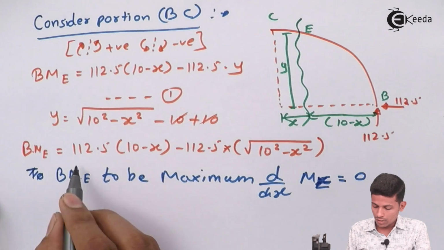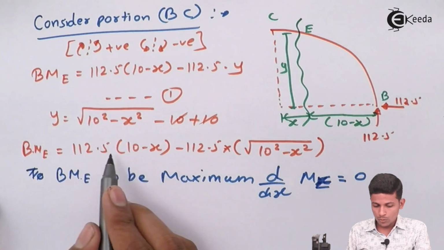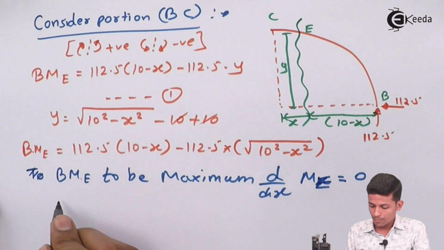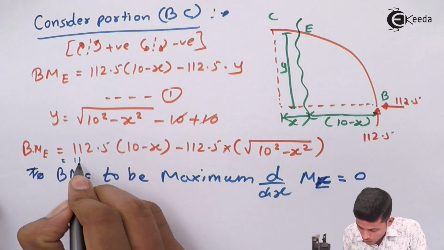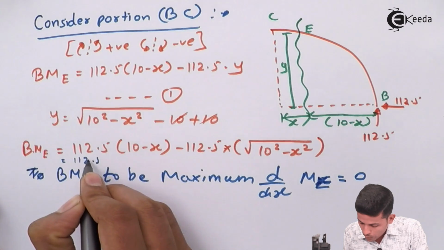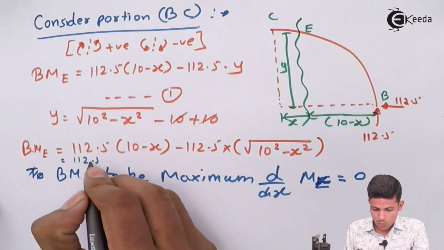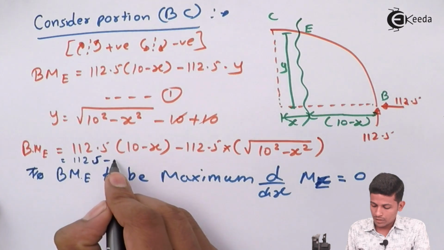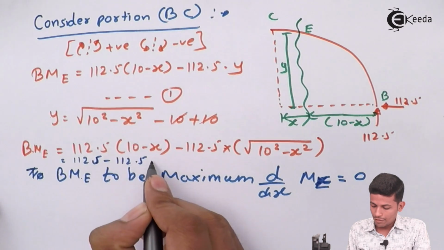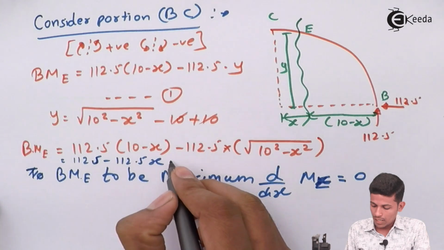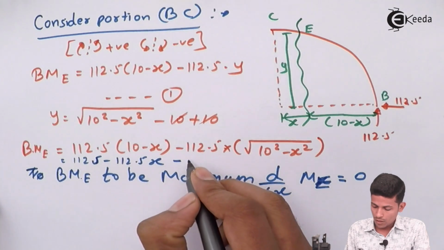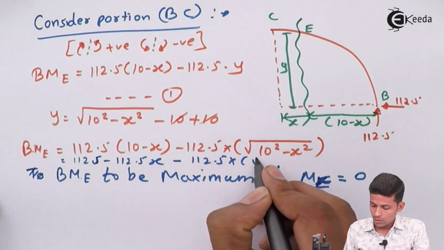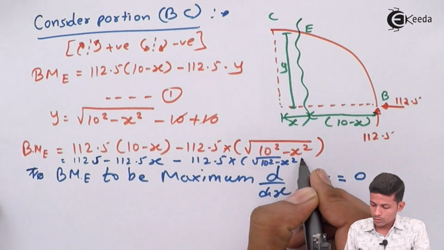Just open the bracket first. So this will come: 1125 minus 112.5x, then minus 112.5 into under root 10 square minus x square.